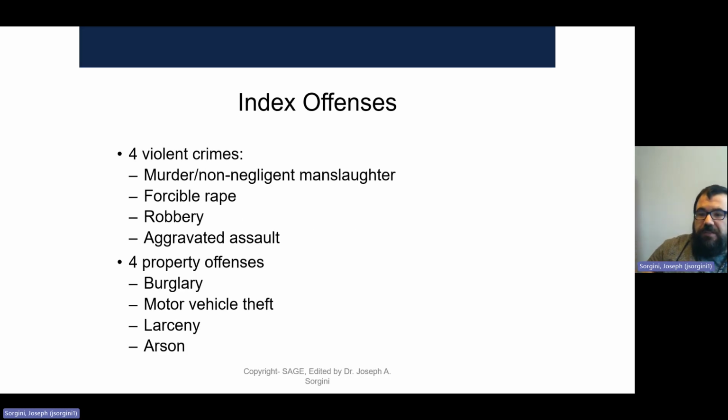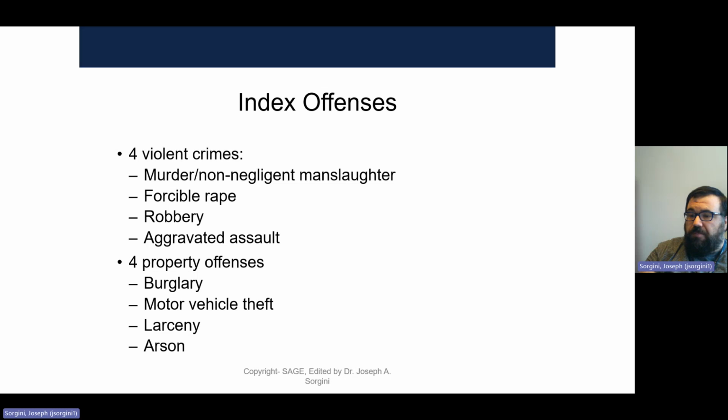One is the index offenses. Now, the index offenses are the ones that are listed here. Some people have heard them referred to as type 1 versus type 2 offenses. These are the crimes that are the most serious. So, of course, we're going to want to be tracking these rates. And we want to be able to report to the rest of society not only what these rates are, but on top of that, are we doing anything about them?